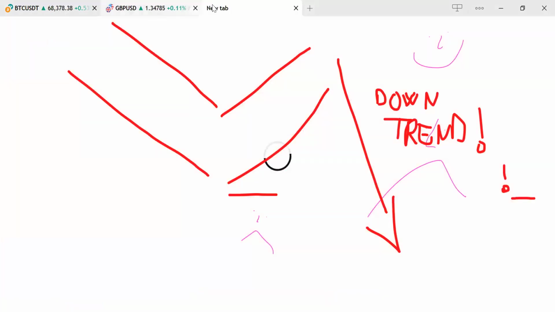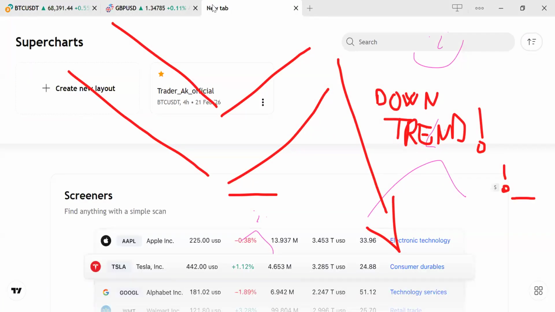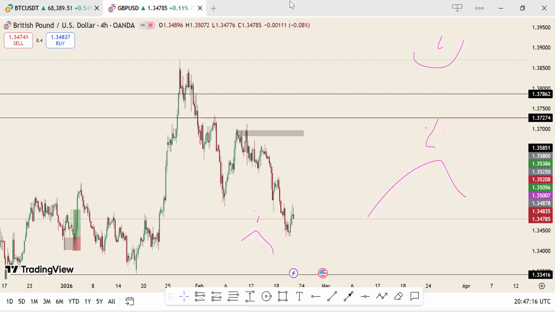I'm going to stop screen sharing for a while and continue again.